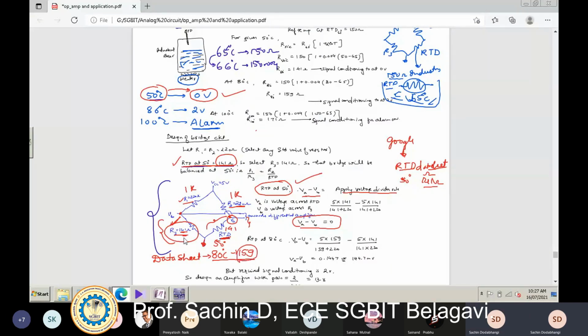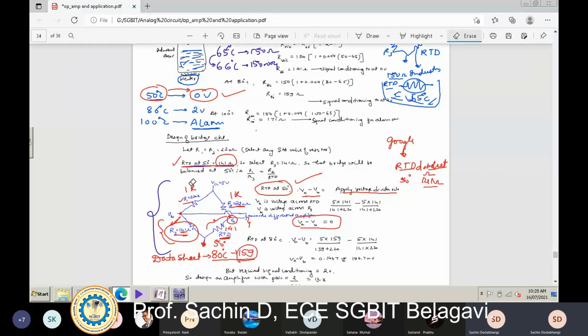R3 is 140 ohm, that is fixed. So R1, R2 and R3 are fixed values. R1, R2 is 220 ohm, R3 is 140 ohm. Now the RTD value is 159 ohm, because at 80 degrees centigrade, the RTD value is 159 ohm.